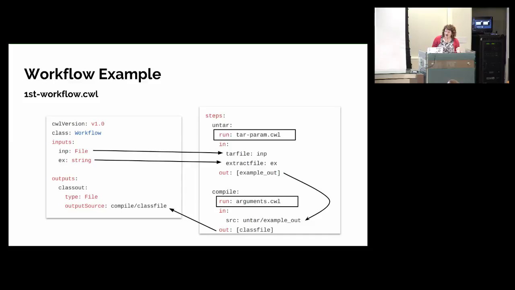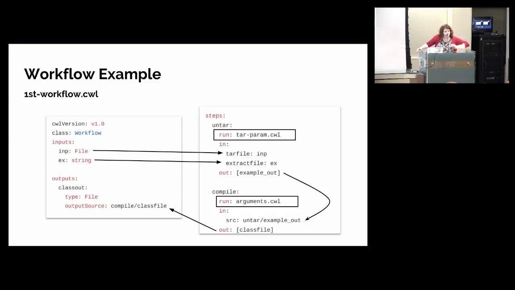And then example_out gets passed as the input to the next step. It takes that untarred file, and then it compiles it, and it gets the output. And then that gets passed to the output source, which is the final thing that gets output from the workflow. So basically, it's a way to stack all of these together. Each step could be an expression tool. It could be another workflow, or it could be a command line tool.